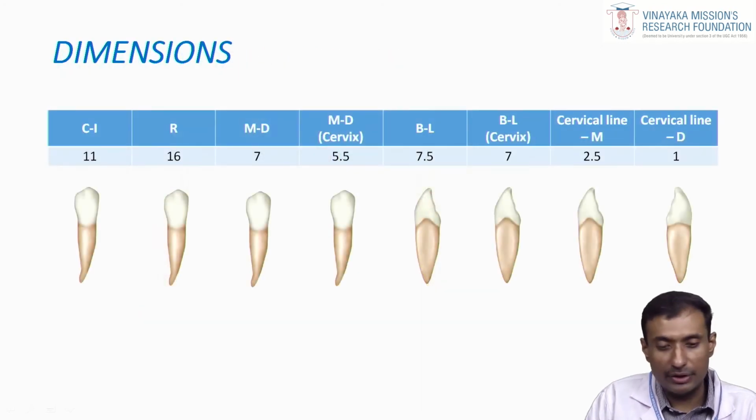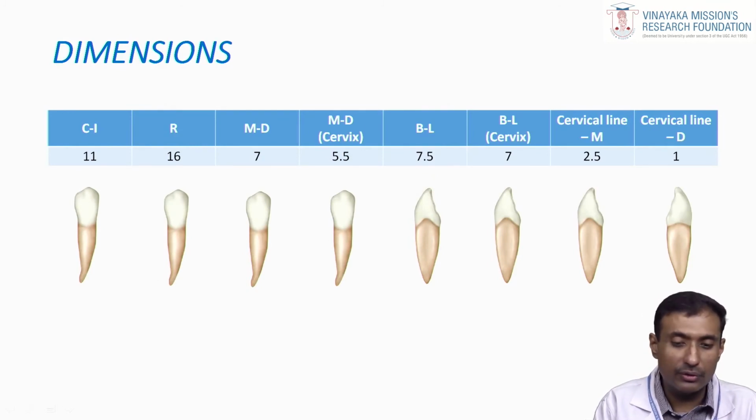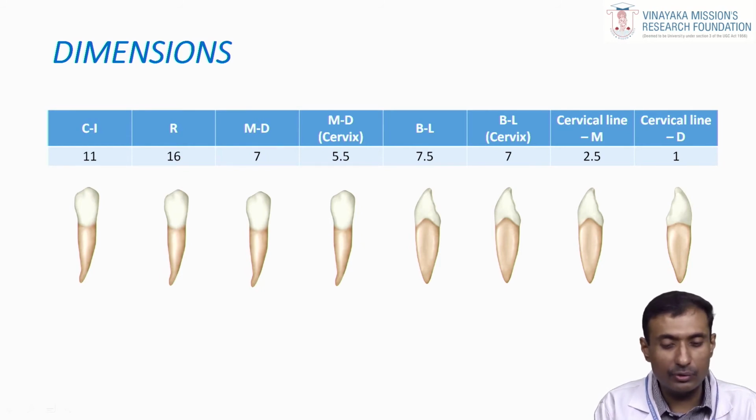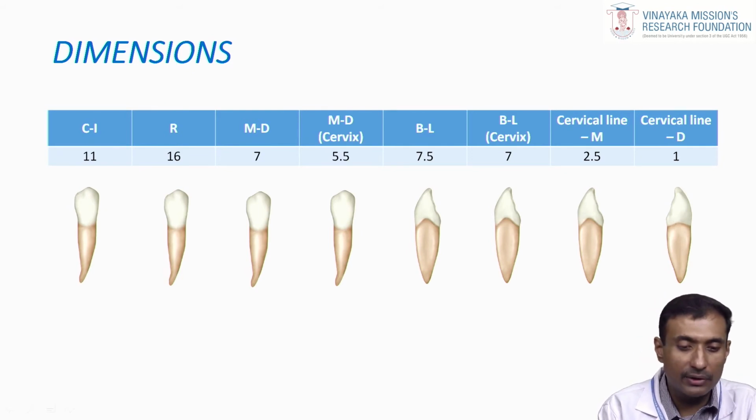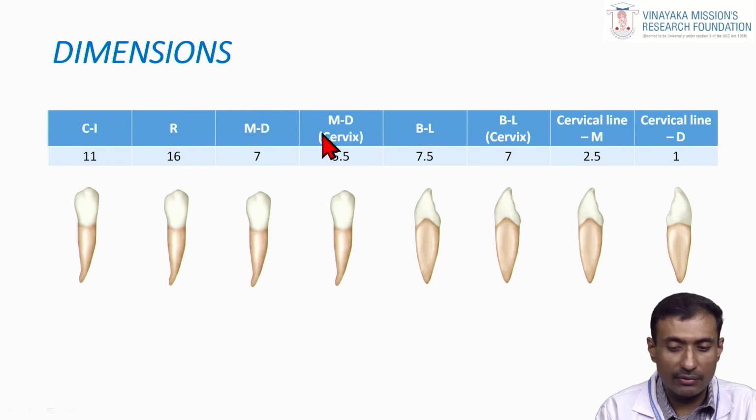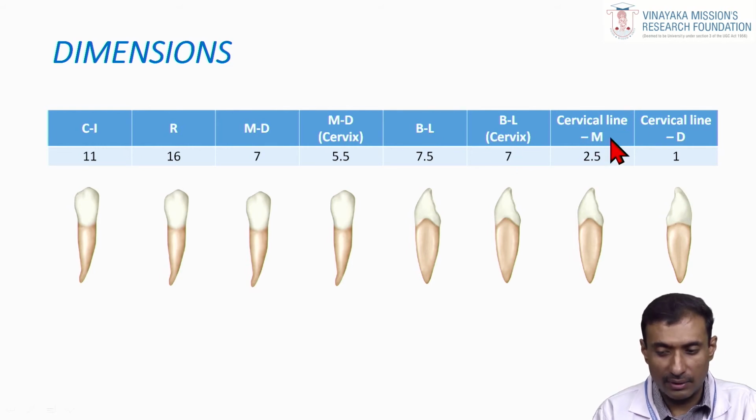Now moving on to the dimensions, these dimensions help in carving the tooth. So this is used as a framework for carving the tooth. The measurements enable us to give a rough framework of the tooth, its length and its proportions. So we have the cuspal tip, the root portion, the mesiodistal width, the mesiodistal width at the cervical portion, the buccolingual width at the cervical portion, the cervical line in the mesial aspect and the cervical line on the distal aspect.